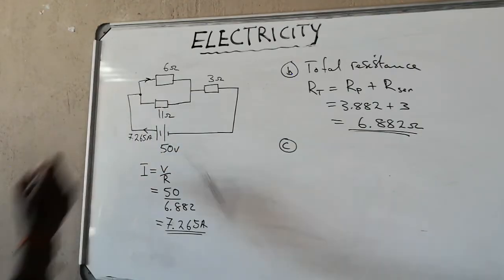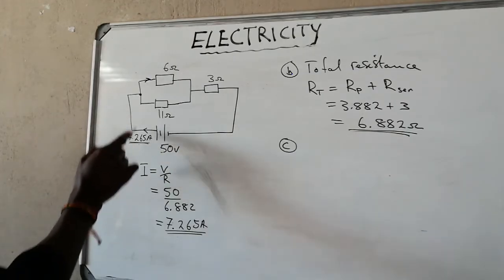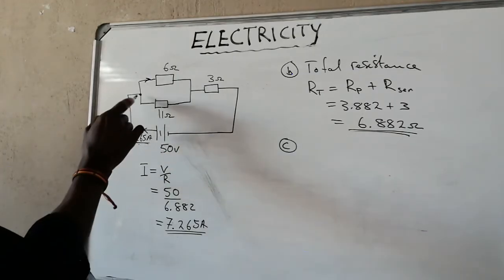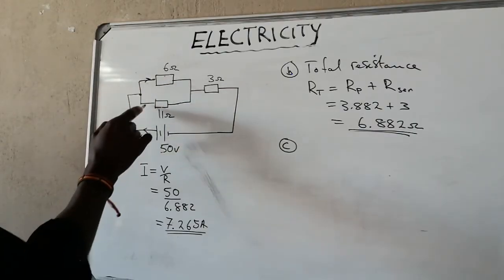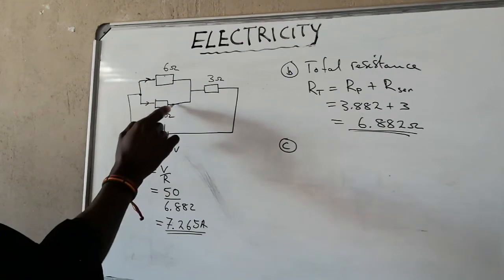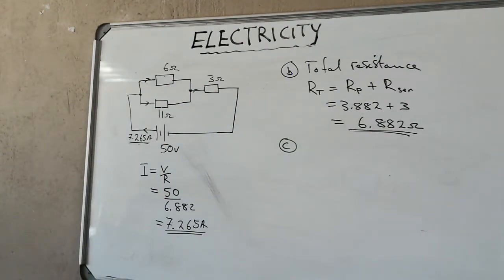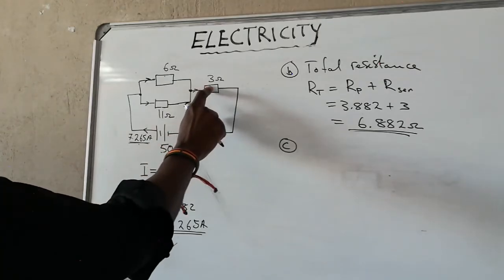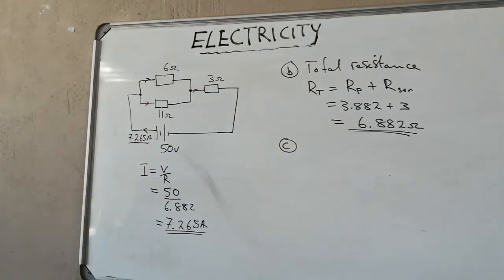It reaches this point, it splits. More of this will go through our 6 ohm resistor, a lesser amount will go through our 11. When they meet there, it will be the same. Should they have asked us how much current is passing through this 3 ohm resistor, it's still the same. So we're looking at this.